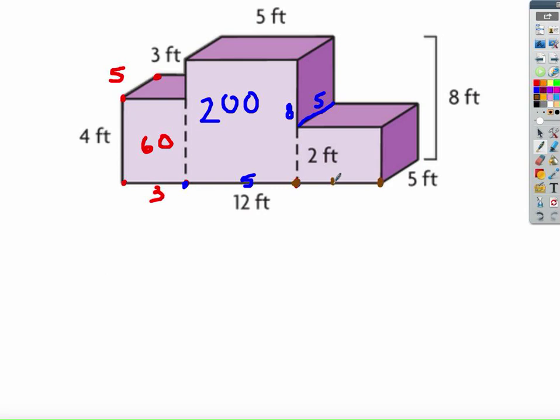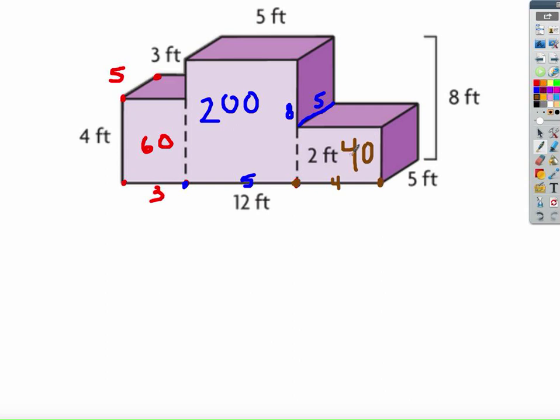So this one has to be 4 in order to add up to 12. 5 plus 4 plus 3. That's the length. The height on this one is labeled right here. It's 2 feet, and the width is right there, 5 feet. So 2 times 5 is 10, and 10 times 4 is 40.